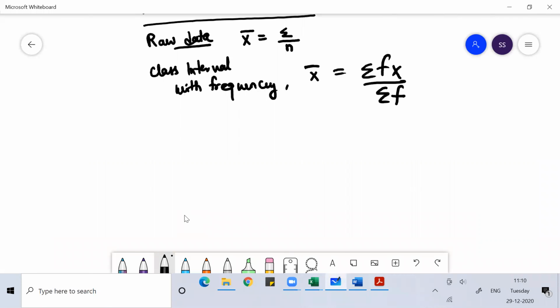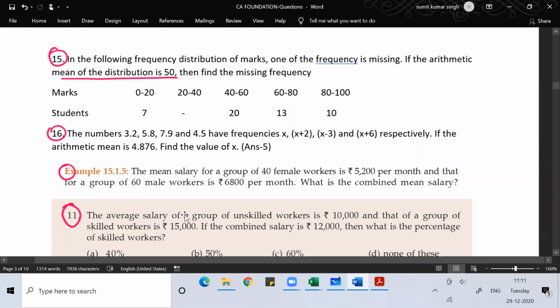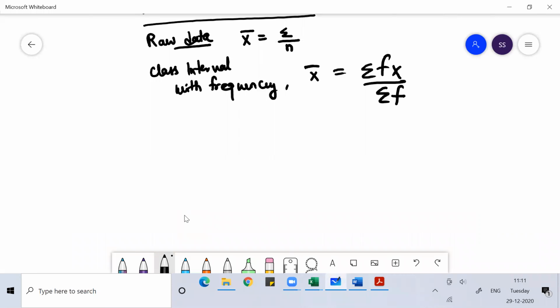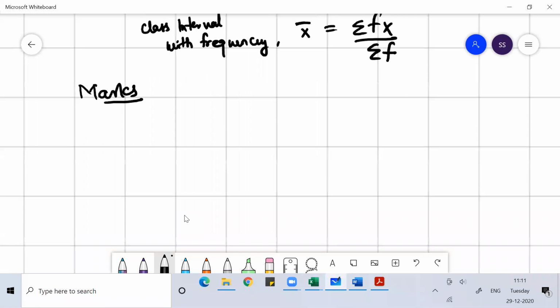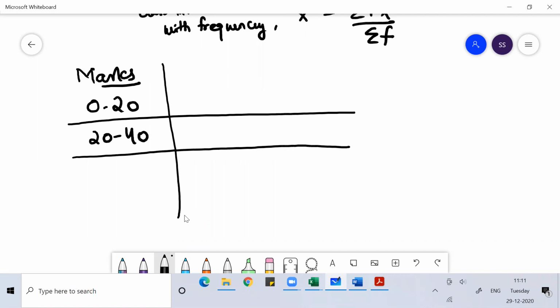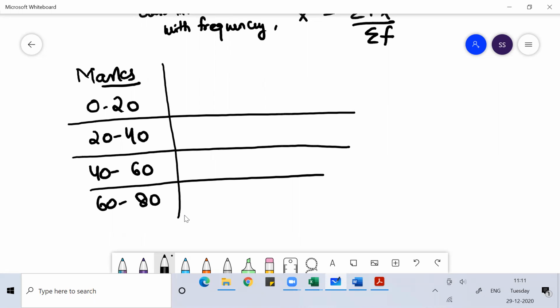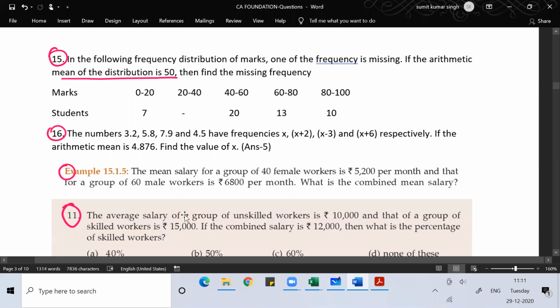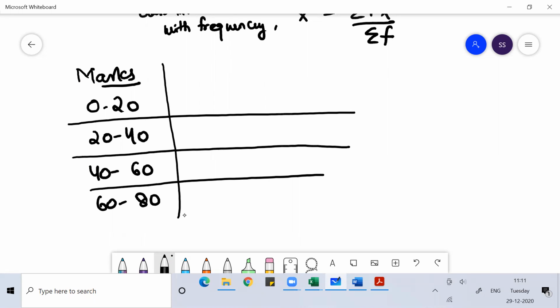In this question the data is given like this: marks 0 to 20, then 20 to 40, then 40 to 60, then 60 to 80, then 80 to 100.